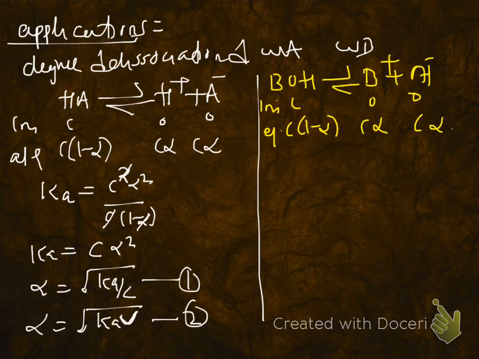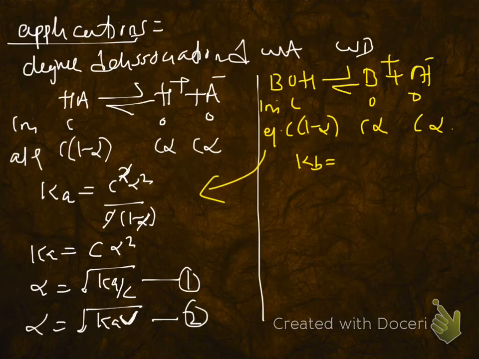Proceeding like the case of weak acid, we have Kb instead of Ka because we are dealing with a weak base, so the dissociation constant is written as Kb.